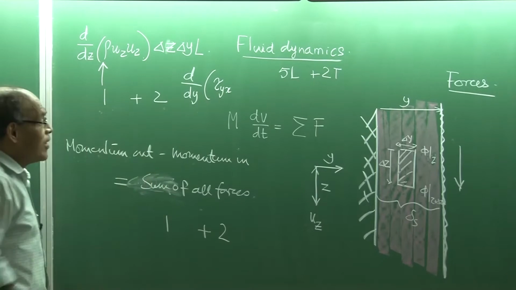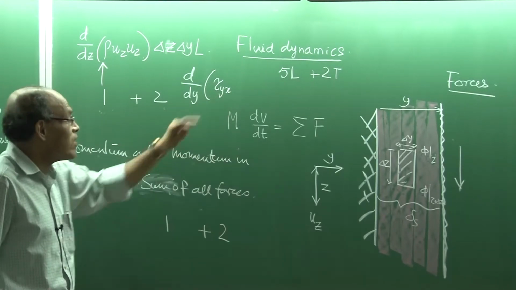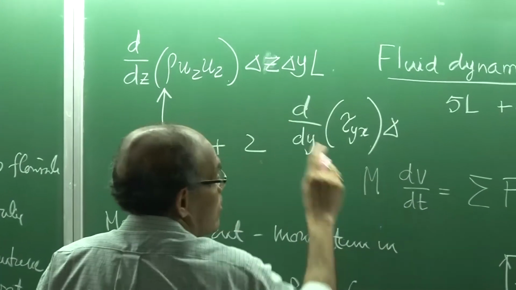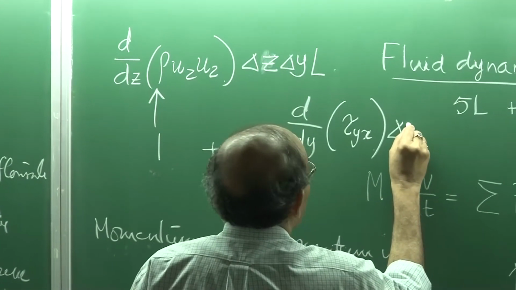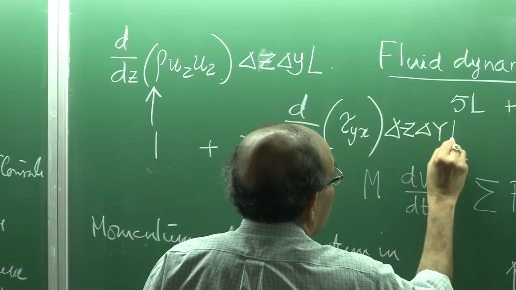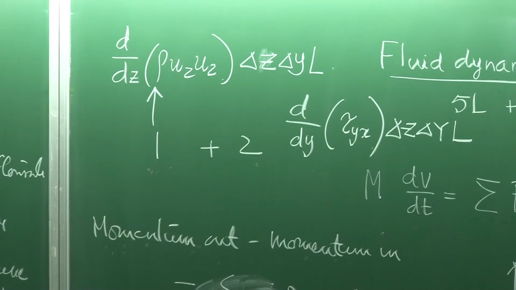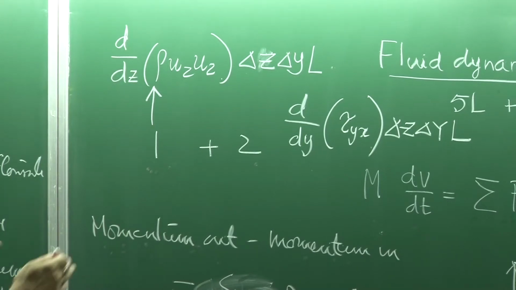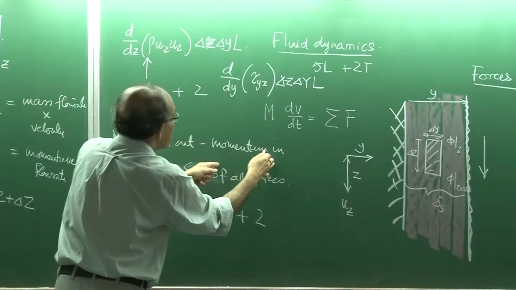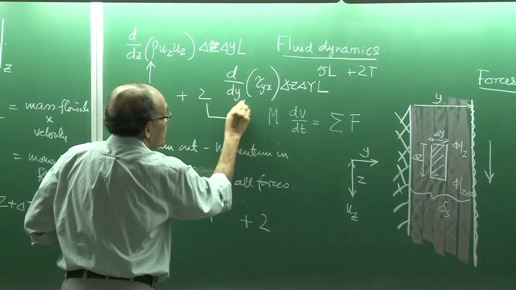This I am going to explain to you, what the notation essentially implies, and this again now is going to be delta x or delta z multiplied by delta y multiplied by L. So output is greater than input, so that term is positive.